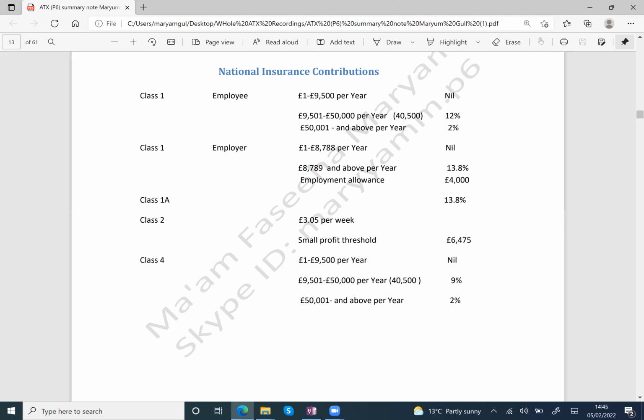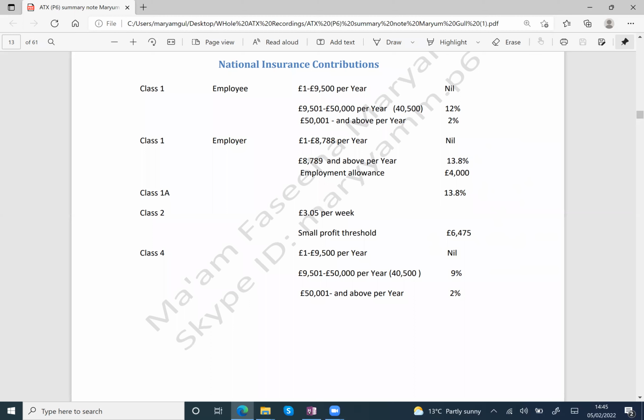It is fixed. And the small profit threshold here is 6475. So if your trading profit is up to 6475, then you will have to pay class 2 NIC. If your trading profits are more than 6475 pounds, then there is no need to pay class 2 NIC.